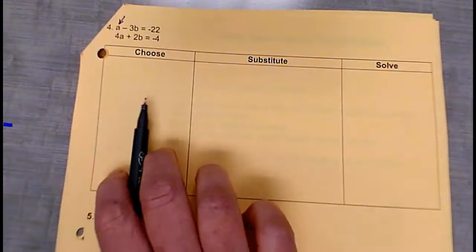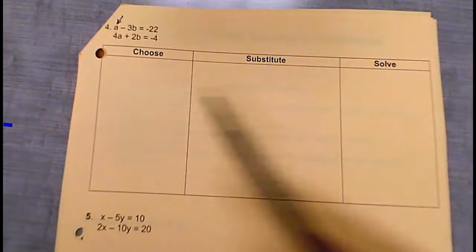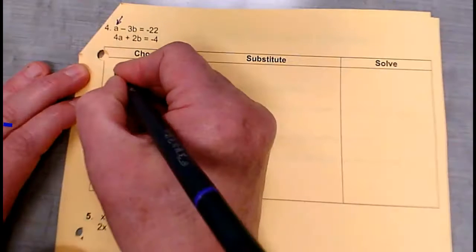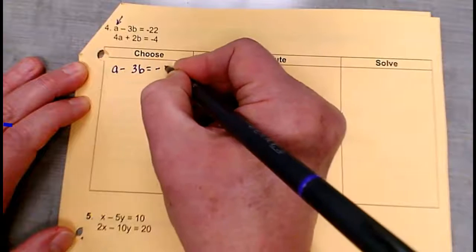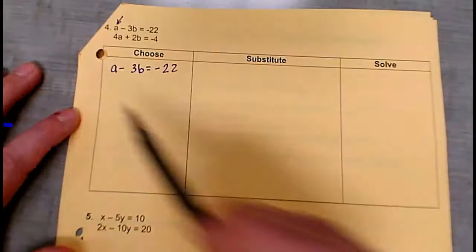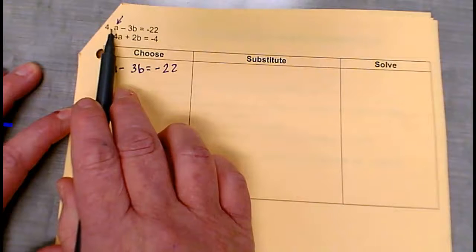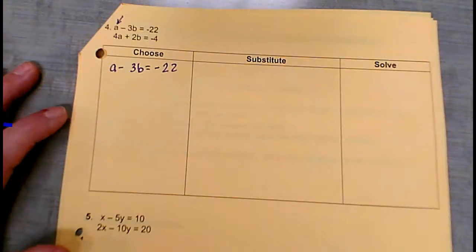Now, you're going to divide your paper into 3 sections to keep it organized. I'm going to choose the first equation. It doesn't have to be the first in order here. I'm choosing this equation because this has no coefficient written in front of it, so the coefficient is 1.